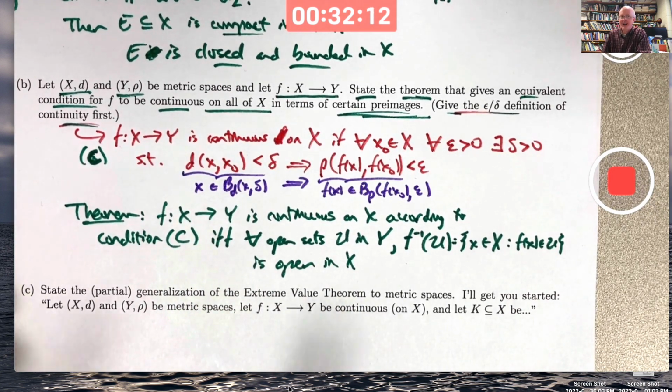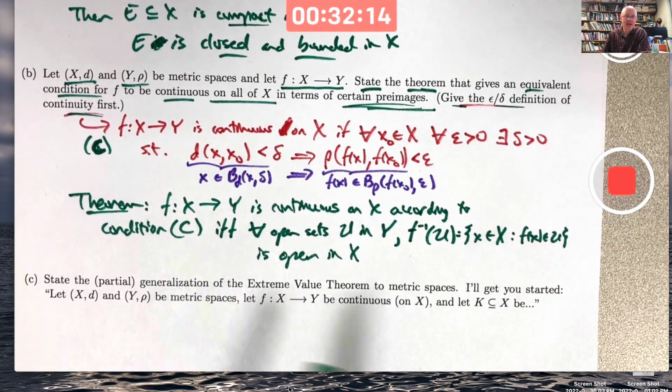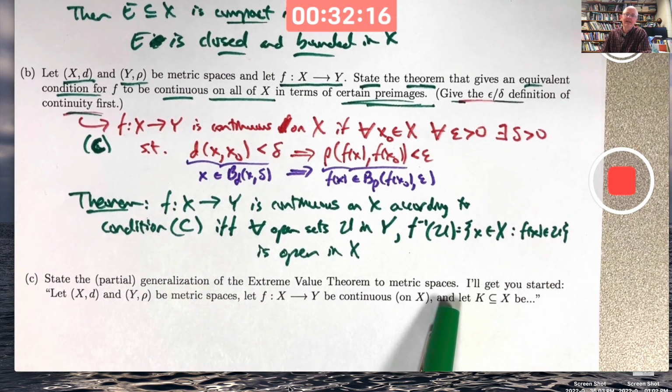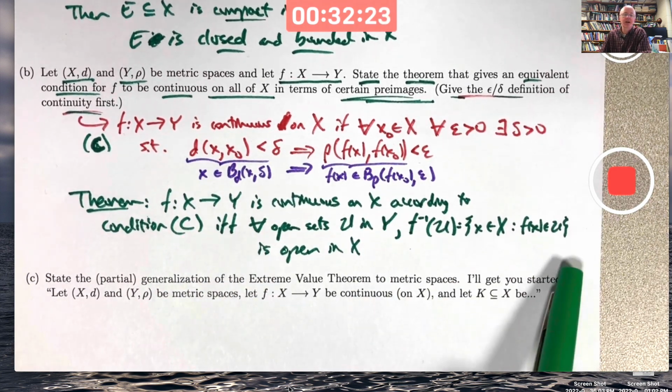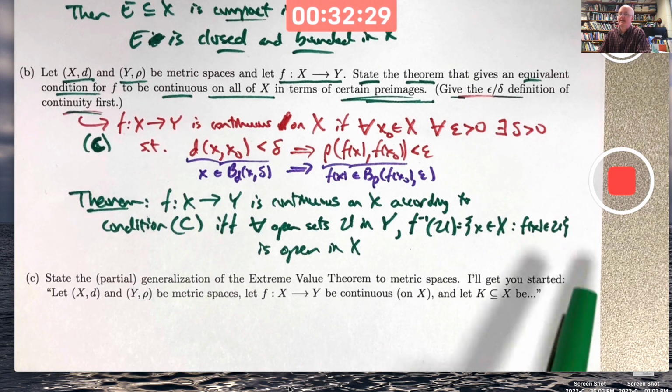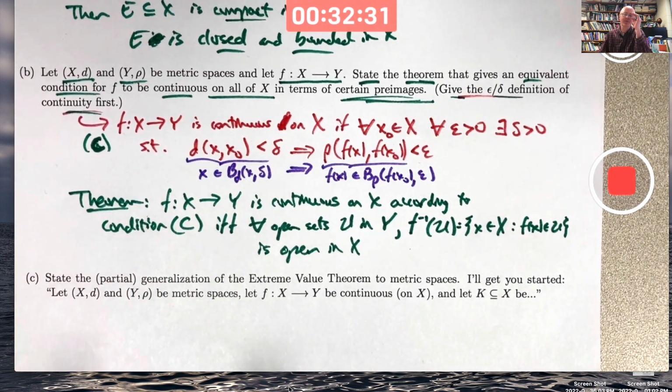So it takes proof, but this theorem becomes, again, the basis for the axiomatic approach to topology, point set topology. This part here essentially becomes the definition of continuity of a map in abstract topology. Because in abstract topology, you do want to develop it without reference to metrics.